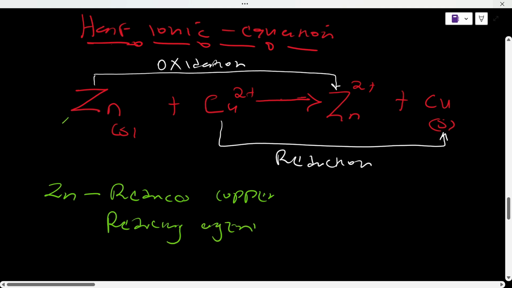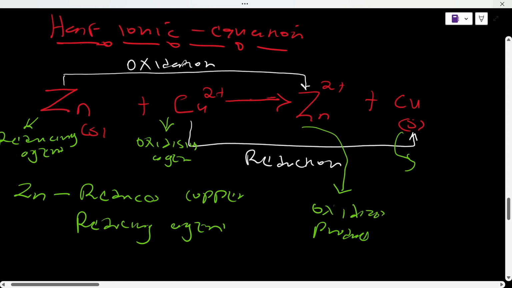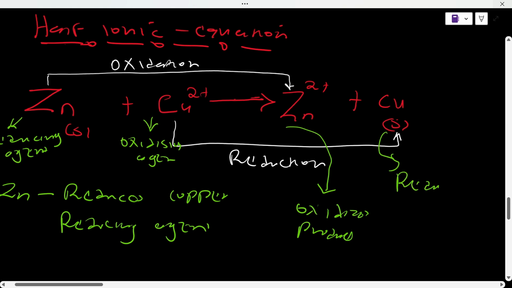I can simply write down here, this one is the reducing agent. Copper is the oxidizing agent. Now this one is going to be my oxidized product. And this one is going to be my reduced product.